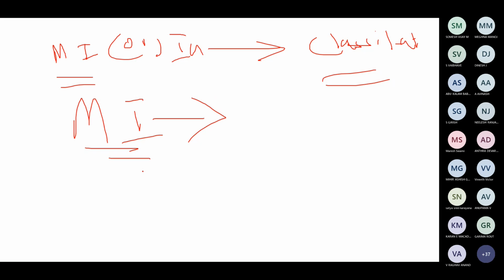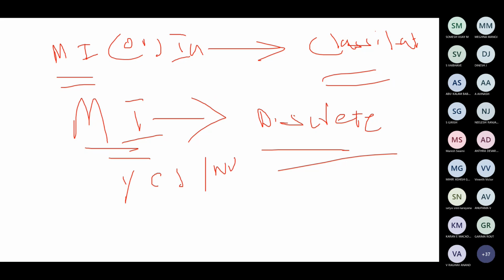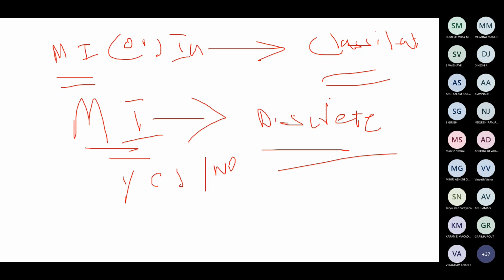Now what is mutual information? We estimate the mutual information for discrete target variables, like yes or no. Discrete means what? Yes or no, true or false, positive or negative, all those things. So mutual information between two random variables, say for example A and B in this case.